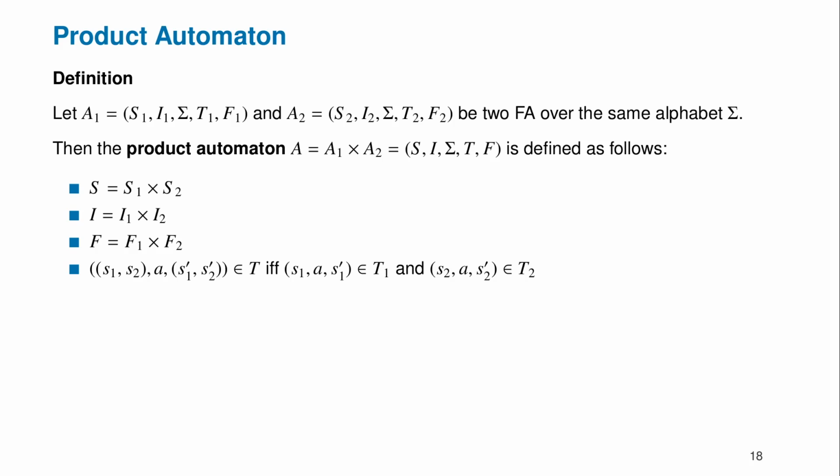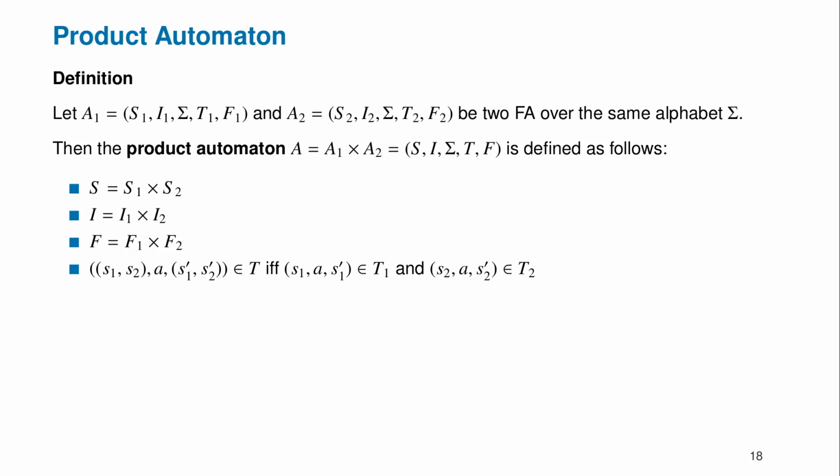So we can identify the common words of the languages of two automata when we do the product automaton construction. And let's have a quick look how the product automaton is defined, and then in two examples I will show you how to practically construct them.